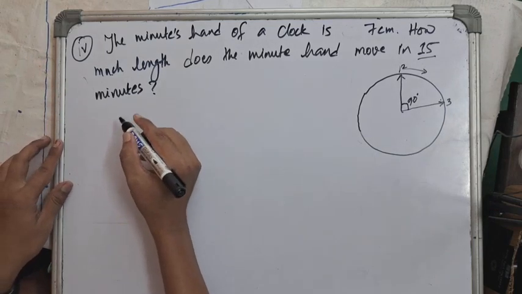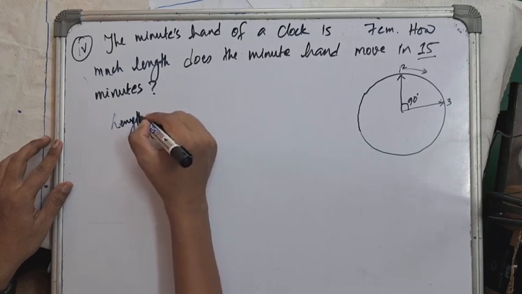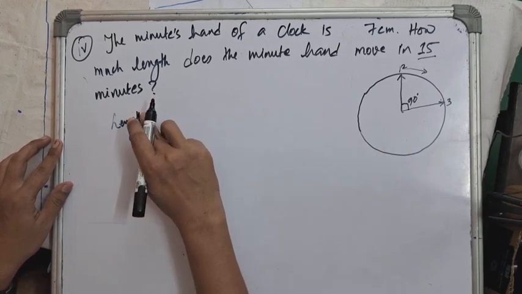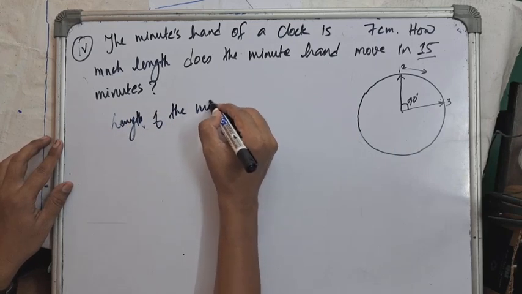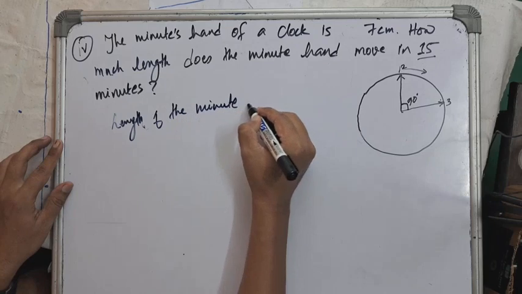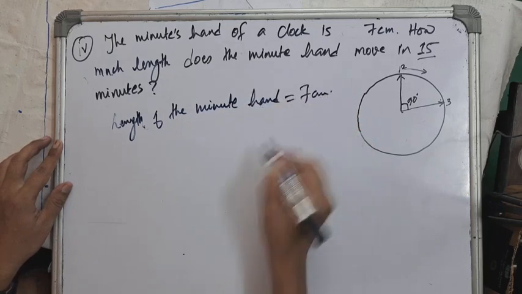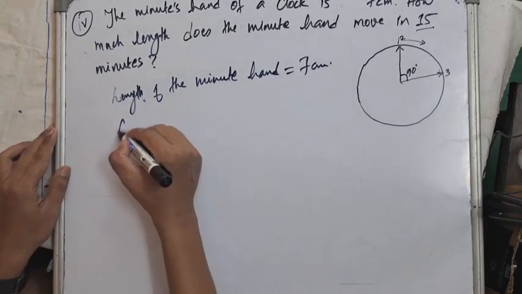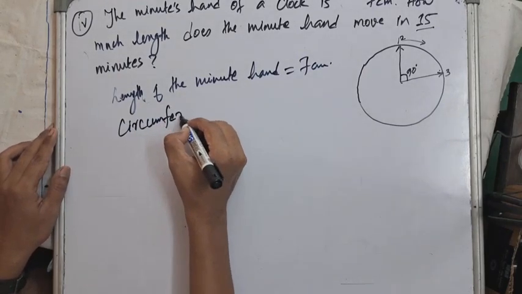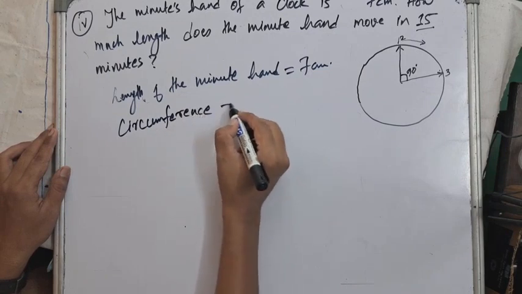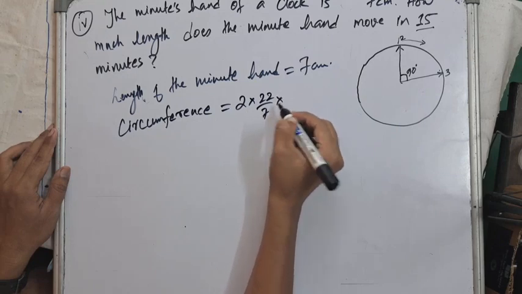I am doing it again. The length of the minute hand, or the radius of the circular face, is equal to 7 cm. So the circumference of the circular face is equal to 2 into pi into radius.